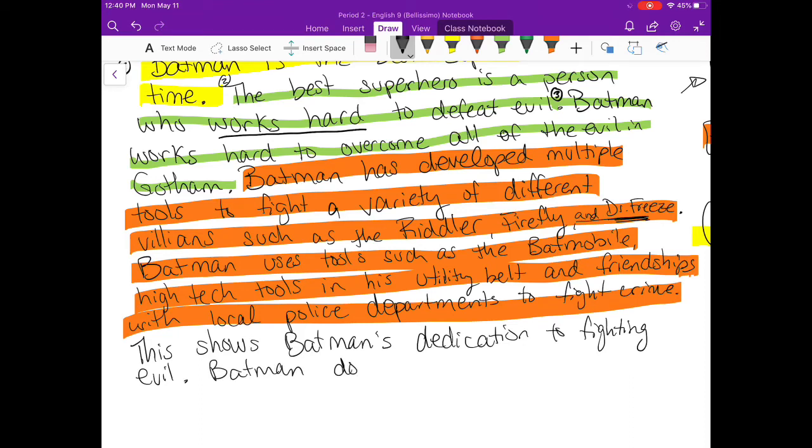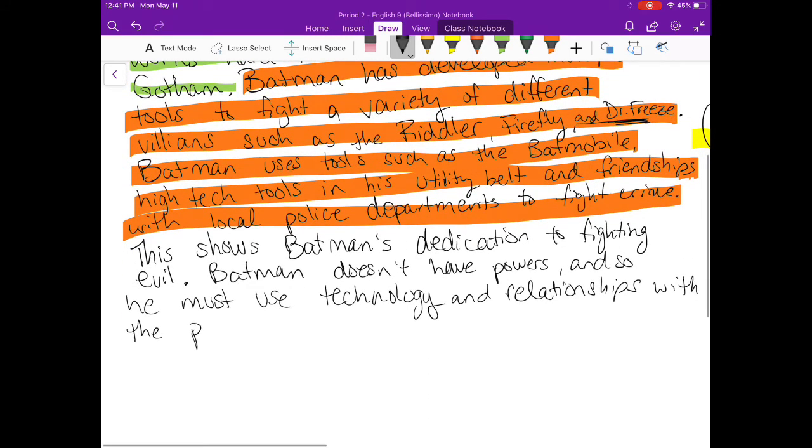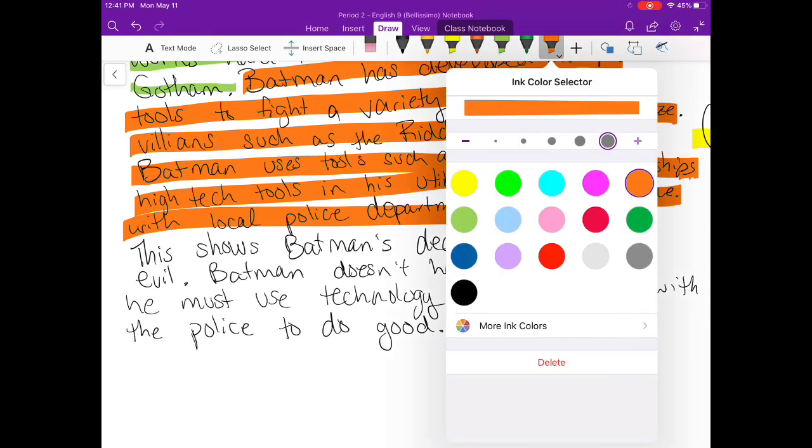Batman doesn't have powers, and so he must use technology and relationships with the police to do good. Okay, so I'm explaining the example here.